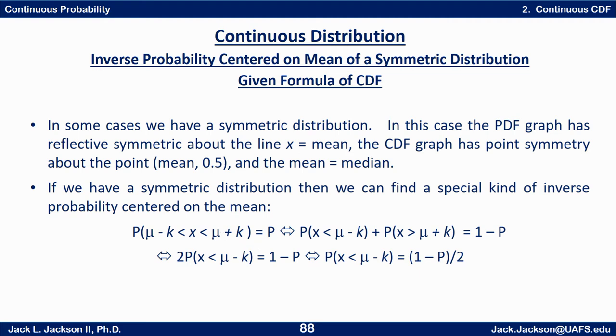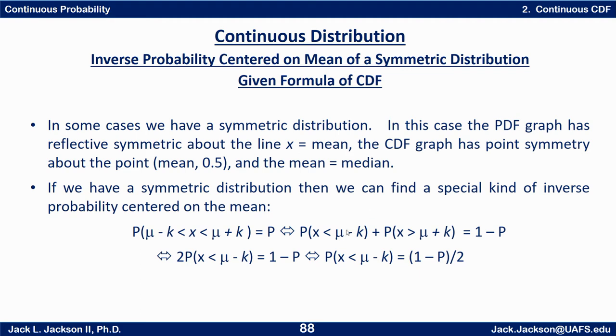Well, because it's symmetric, the probability that it's not p is in the two tails. This is a middle probability. So the probability to the left of mu minus k and the probability to the right of mu plus k, if you add those up, you get 1 minus p.